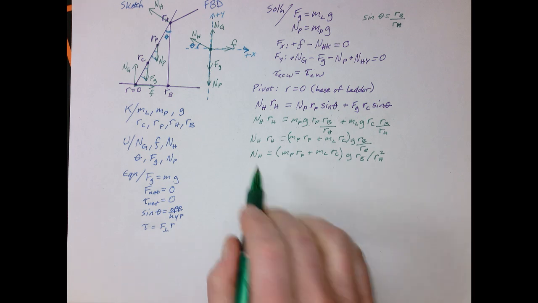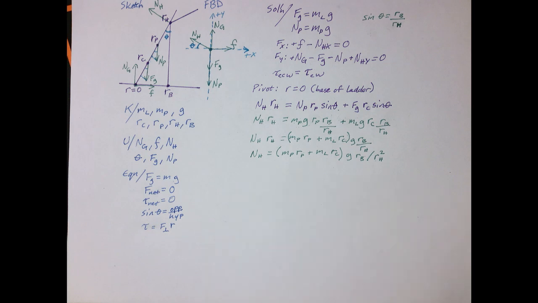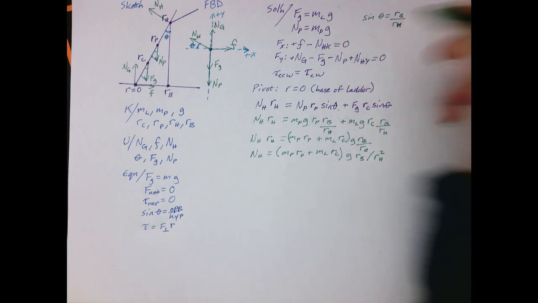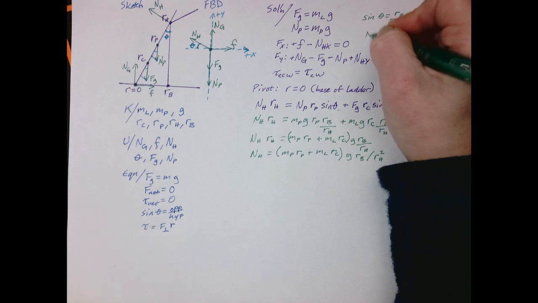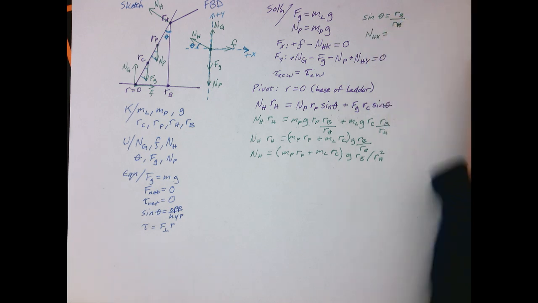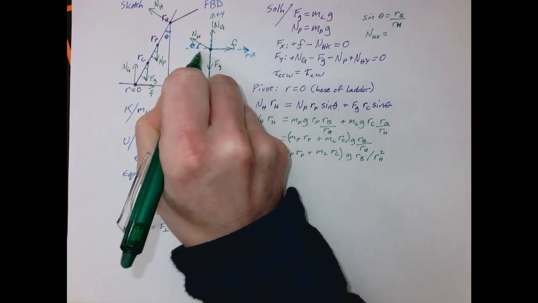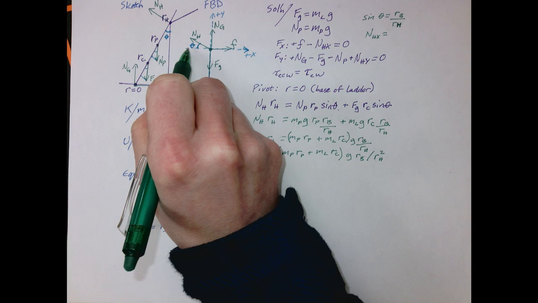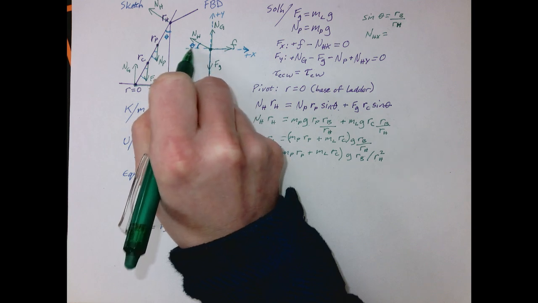Now that we've solved for n sub h, we can find the x component of n sub h and the y component of n sub h. The x component, looking at our free body diagram, must be n sub h times cosine of theta.